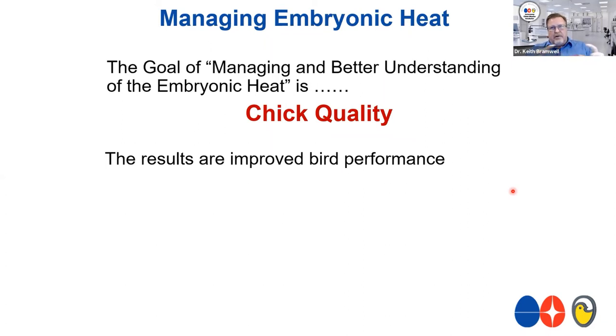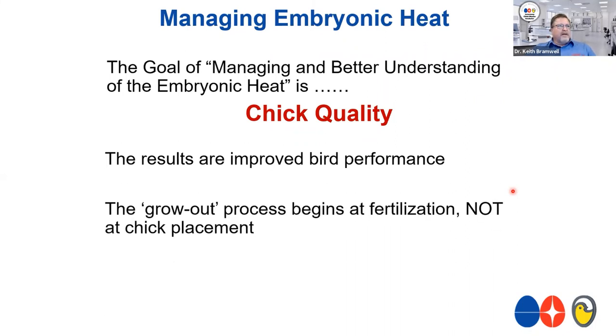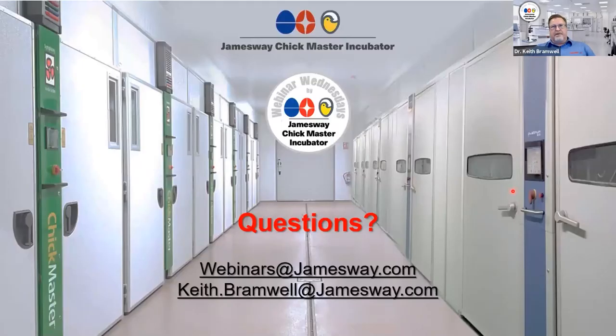We can adjust our environment in our cabinet such that that embryo gets what it needs, when it needs, and gives us that best chick. So the grow out process begins at fertilization, not at chick placement. It's a big continuous program, and the performance of the birds is certainly affected by our hatchery and the chick quality.